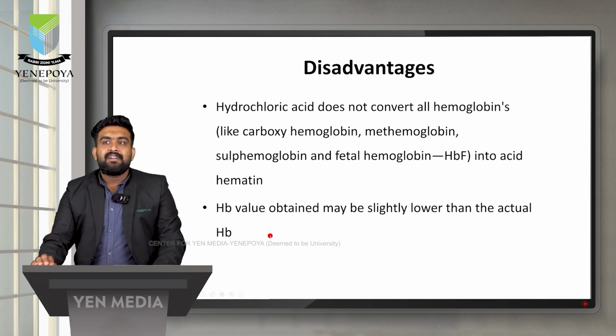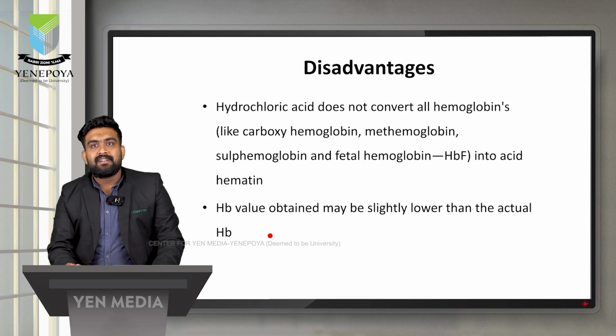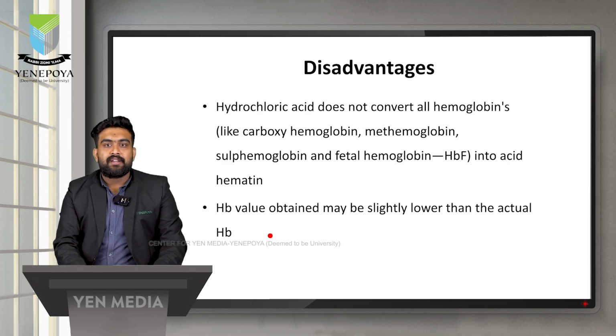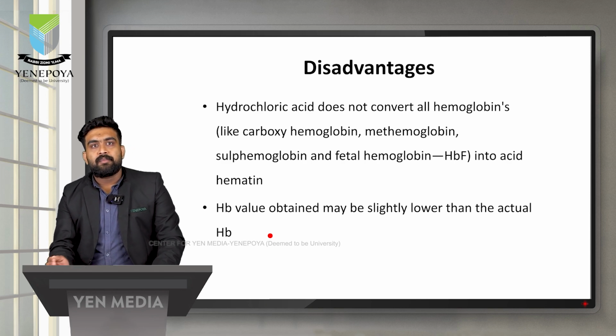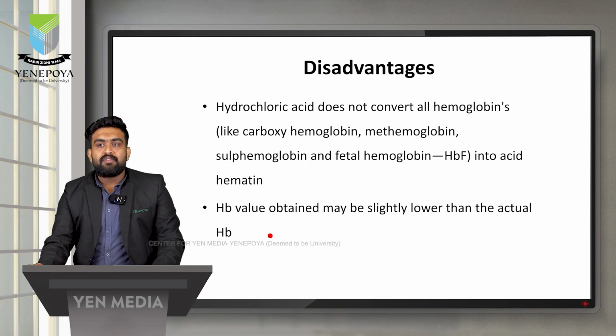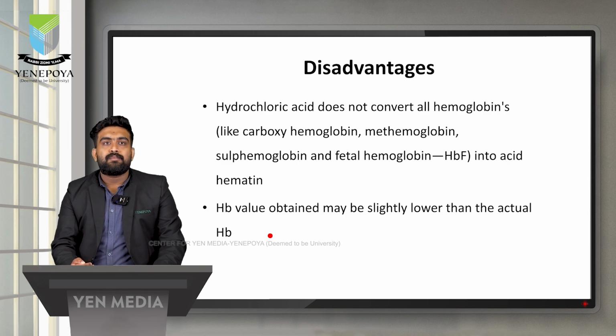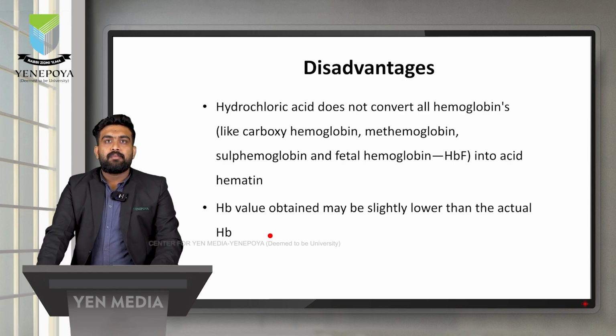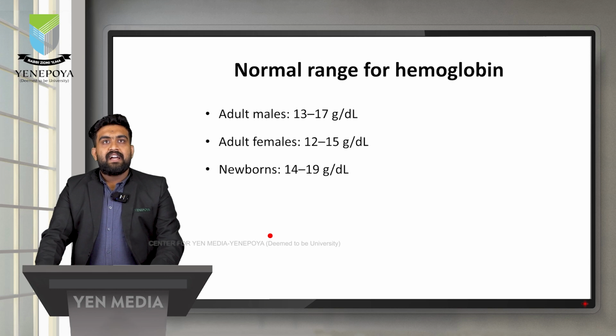This means hemoglobin estimation by Sahli's method is not as accurate as the cyanmethemoglobin method and the automated analyzer method. Whatever value we get by Sahli's method may be one or two values higher or lower compared to the cyanmethemoglobin method or automated analyzer.